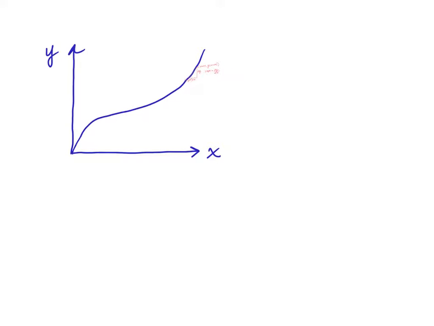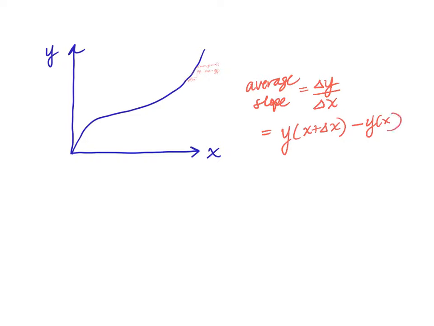And so the formal definition, if I were to actually write the average slope, that's going to be just the straight delta y over delta x. And that's going to equal y at x plus delta x minus y at x, so the delta y term, y evaluated at those 2 points and subtracted, divided by delta x. That gives me my average slope.